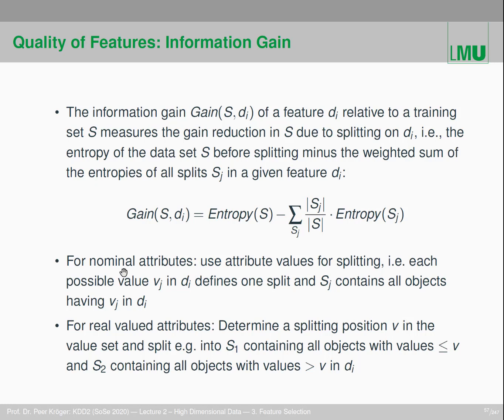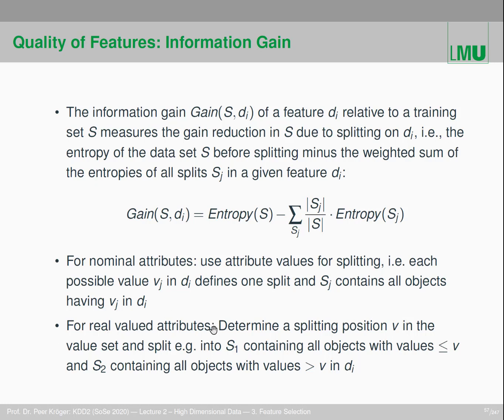How to get these splits actually? Well, for nominal attributes, you just use the attribute values as we saw in KDD1 with decision trees for splitting. Because you have just a finite set of values here, each possible value in the feature defines a split, and each split contains all objects having exactly this value in the corresponding feature.